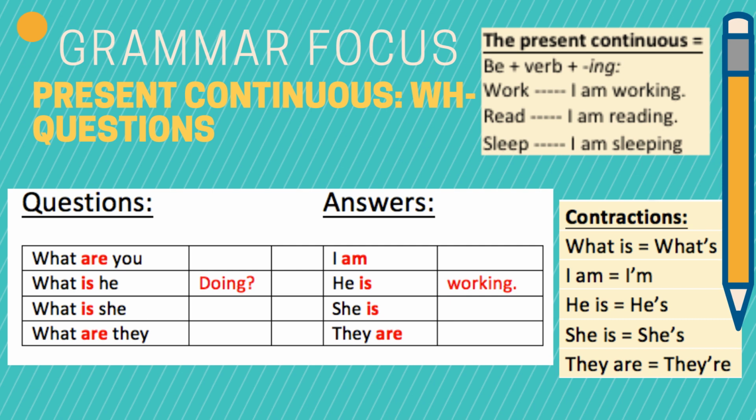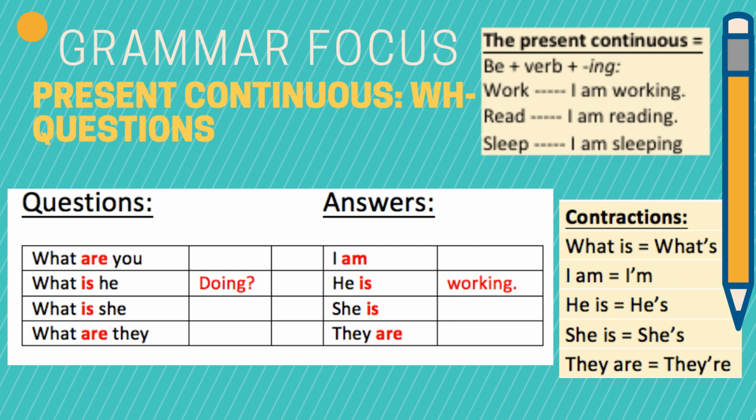Now let's go ahead and look at how you can ask and answer questions in the present continuous. The first question says, what are you doing? Do you notice that the word doing ends in ing? Well, that's because the word doing is in present continuous.